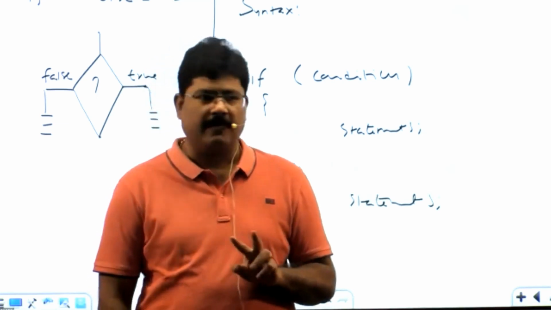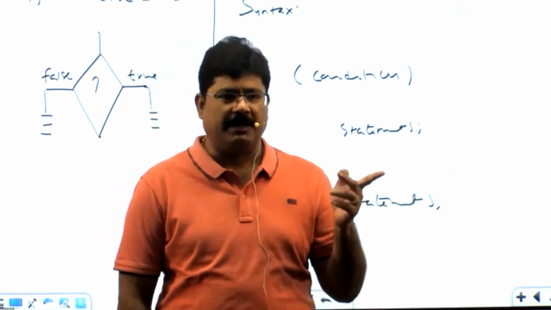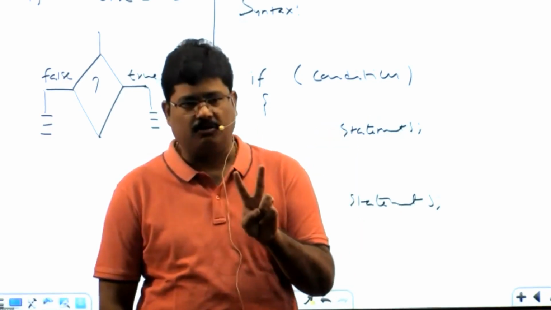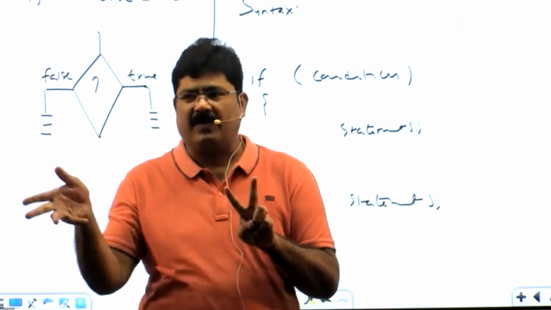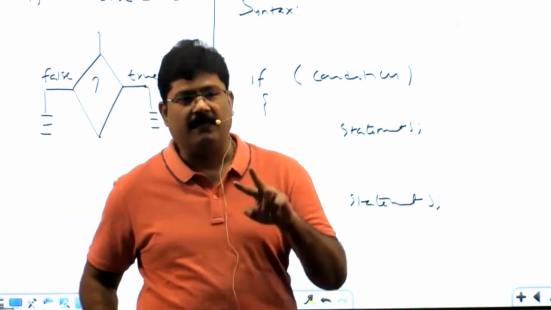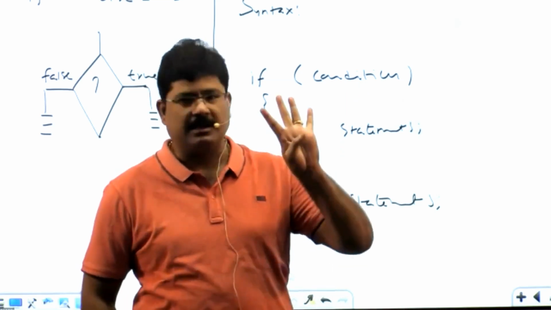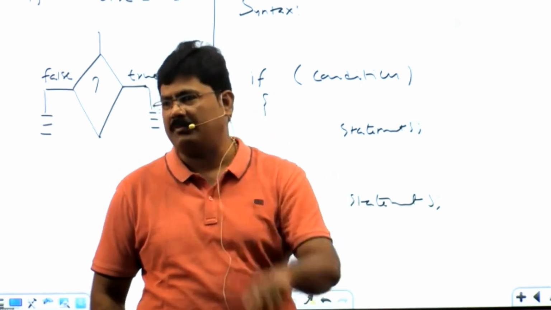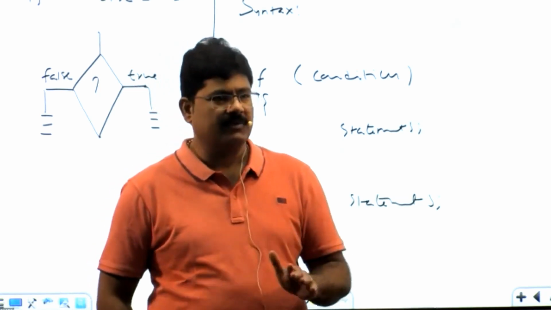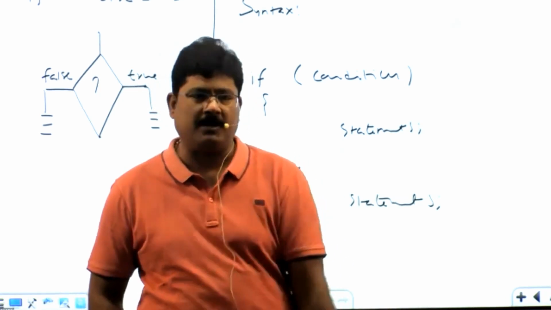While has another format, do while. For also has another format, for each. Totally there are four, and these four belong to only two types. Tomorrow we'll discuss nested if, switch case, and also the looping concept.